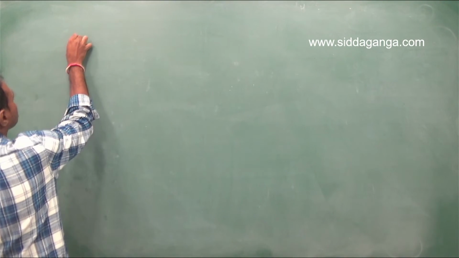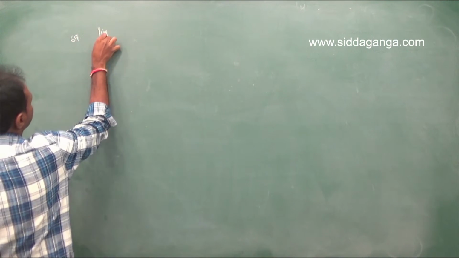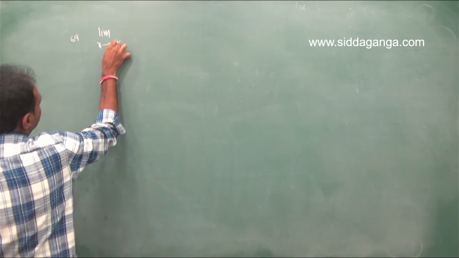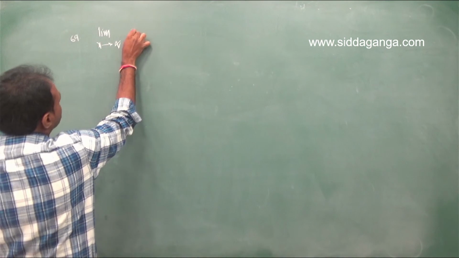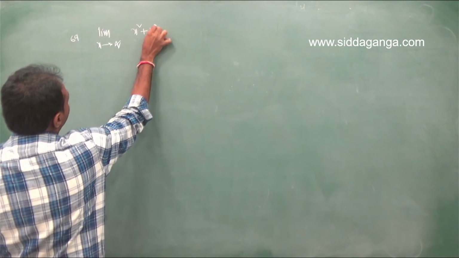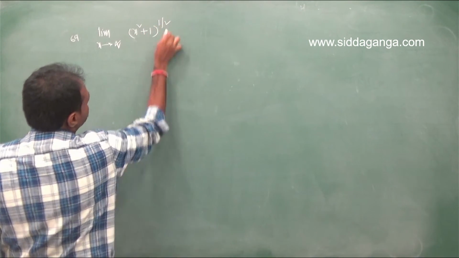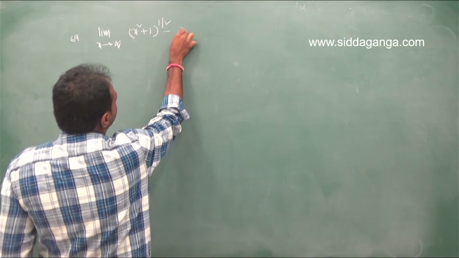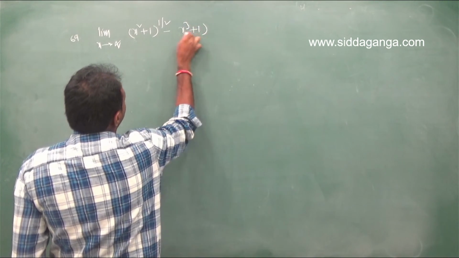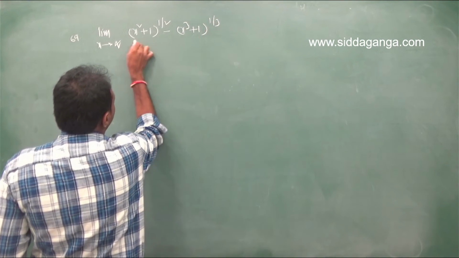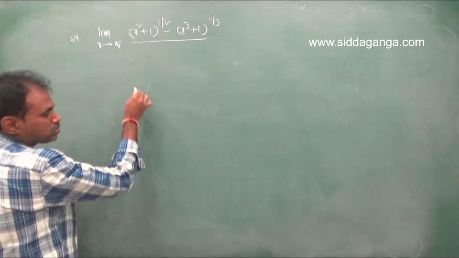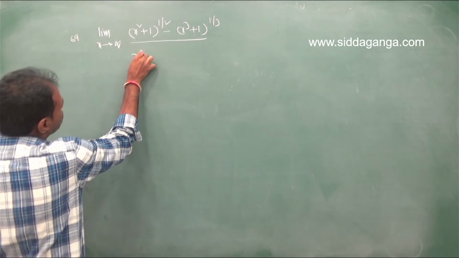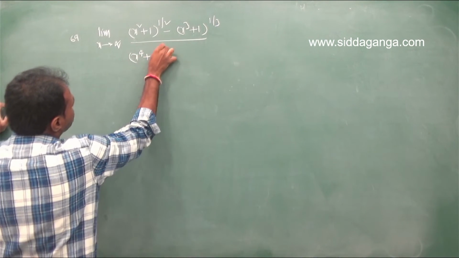Limit x tends to infinity. The square root of x square plus 1 you can write as (x square plus 1) whole power 1 by 2, and the cube root of x cube plus 1 you can write as (x cube plus 1) whole power 1 by 3, divided by the fourth root of x power 4 plus 1, which you can write as (x power 4 plus 1) whole power 1 by 4.